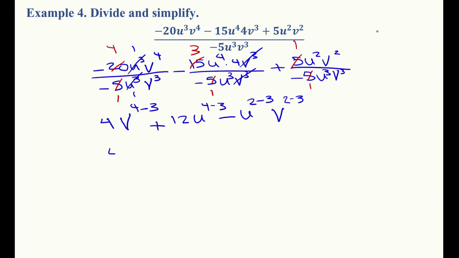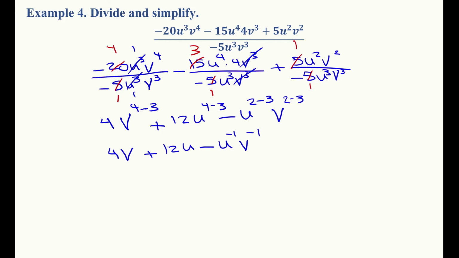So we end up with 4v to the power of 1, which we don't need to write, plus 12u to the power of 1, which we don't need to write, minus u to the negative 1, v to the negative 1.